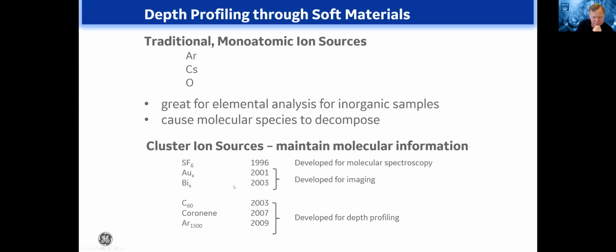That was realized early on. So a number of research groups optimized cluster ion sources. The first cluster ion source was SF6, which was developed really for molecular spectroscopy. Then there was a realization we want to focus the beam. So the gold and bismuth sources came about. And then to optimize depth profiling, C60, coronene, and argon cluster sources became available.